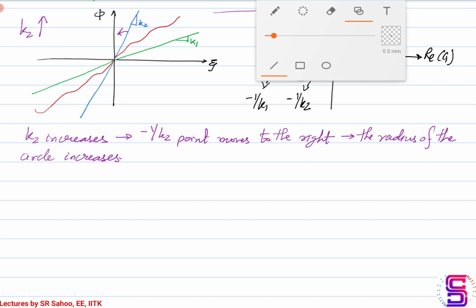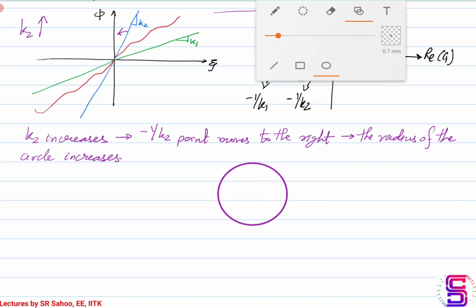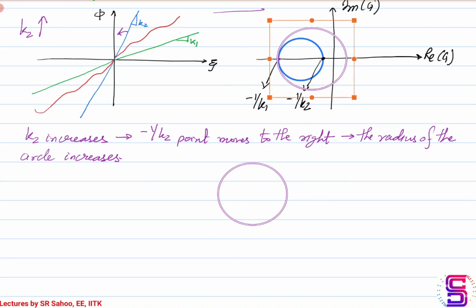Okay, so let's say that you have a circle which is because of the increase in k2, so is possibly going to look like this.